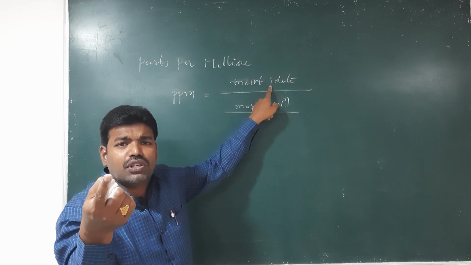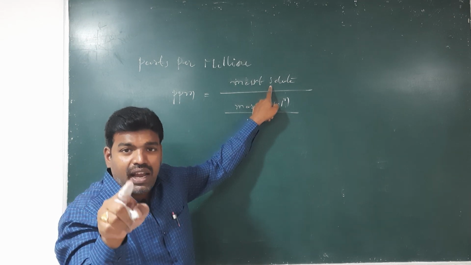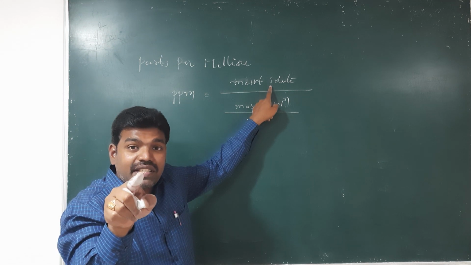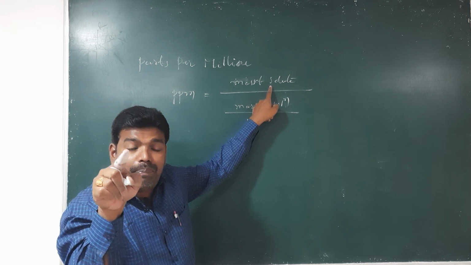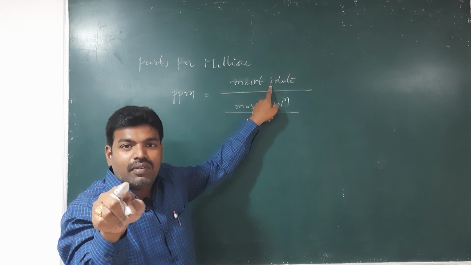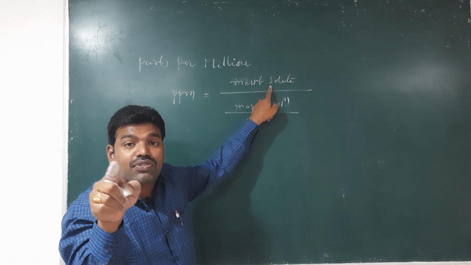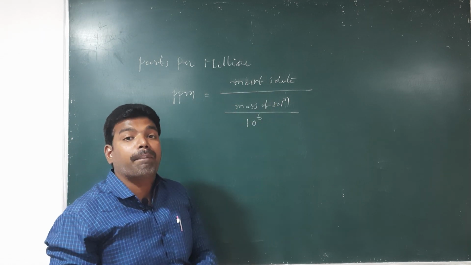If you take the mass of solution and its millionth part, then how much mass of solute is present in that millionth part of the mass of solution is called ppm.